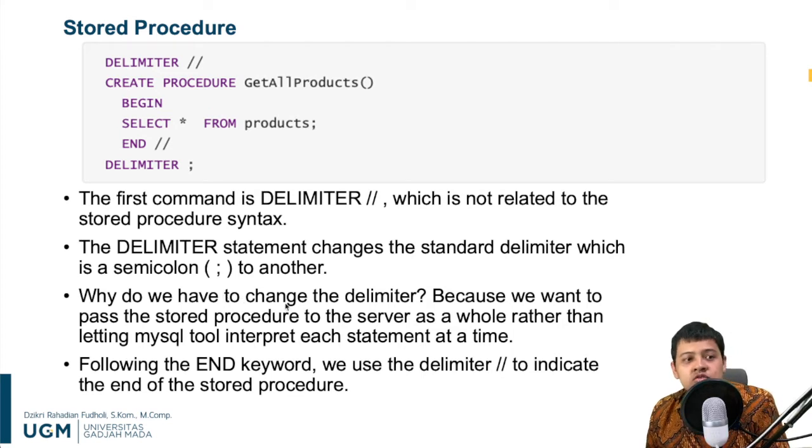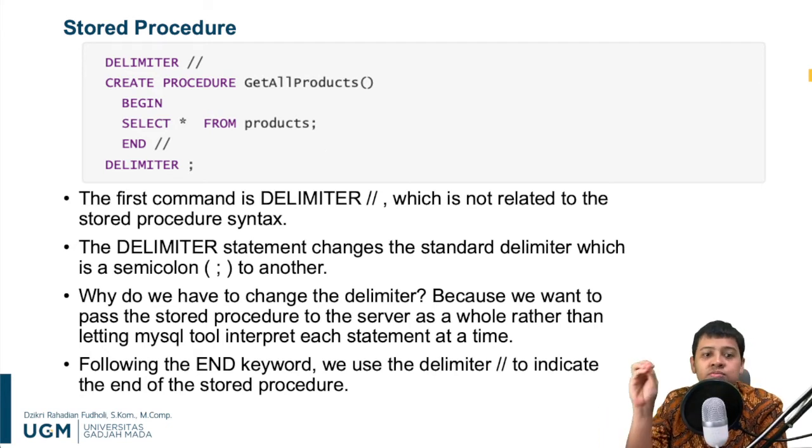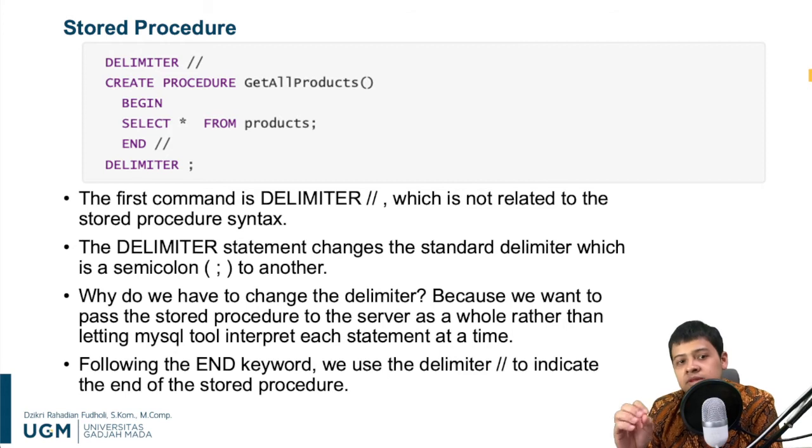Why do we need to change the delimiter? Because we want to pass the stored procedure to the server as a whole, rather than letting the MySQL tool interpret each statement one at a time. Sometimes we need a semicolon in the procedure, so we change the delimiter from the semicolon to another first, so that the semicolon is sent as part of the stored procedure, not as a delimiter.